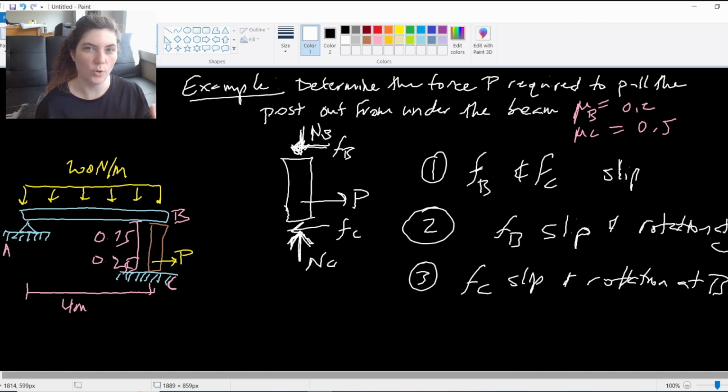Now we can't have both ends tipping, because this would mean it would be bending itself out of place, which might be physically possible, but would be extremely unlikely. Slip is the most common reason that this thing is going to be sliding out from under the beam. The friction is going to slip and the beam is going to pop out, rather than it trying to rotate itself out of position.